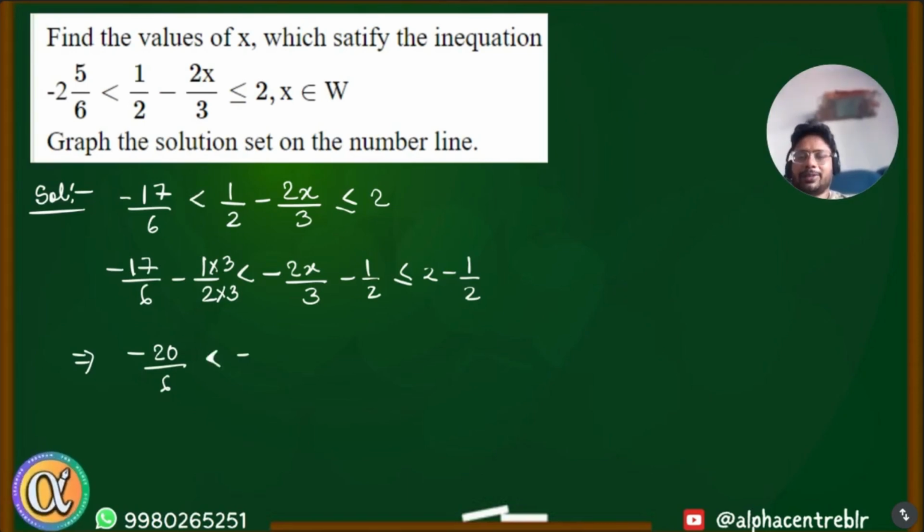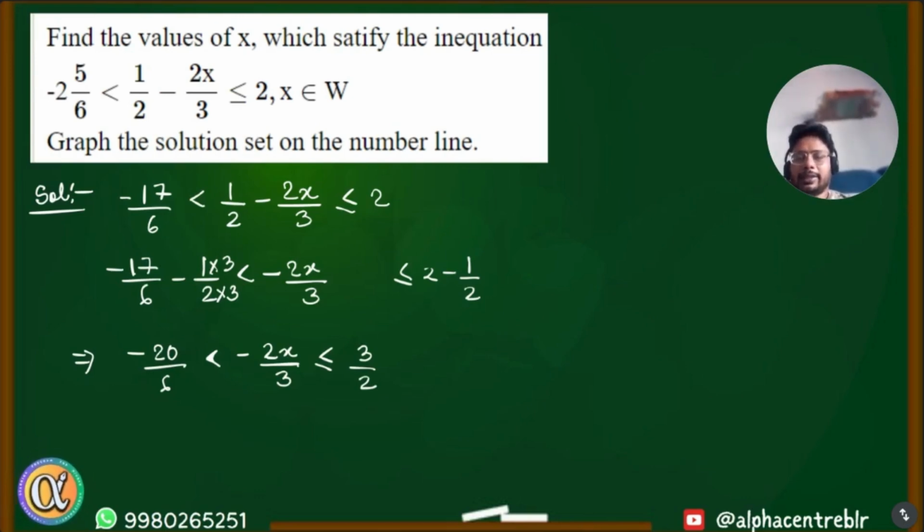Oh sorry, I have written minus 1 by 2 here. Actually that cancels the plus 1 by 2, so it's not required. So minus 2x by 3 is less than or equal to 2 minus half, which is nothing but 3 by 2. It's 4 by 2 minus 1 by 2, which is 3 by 2, correct?